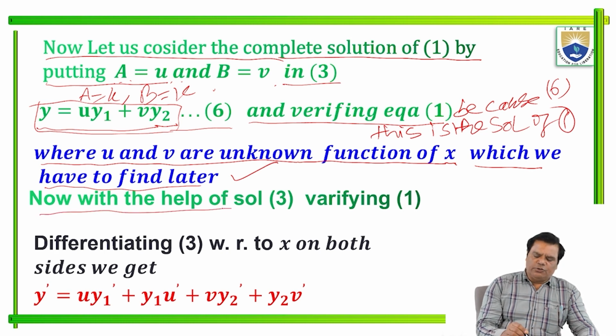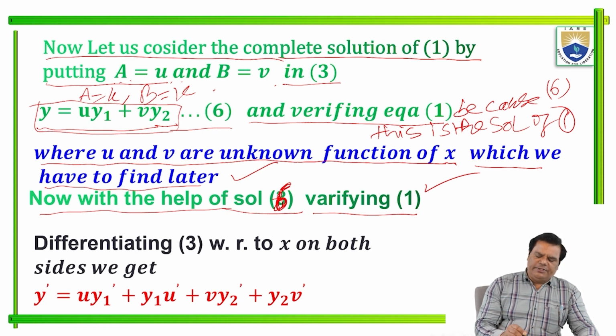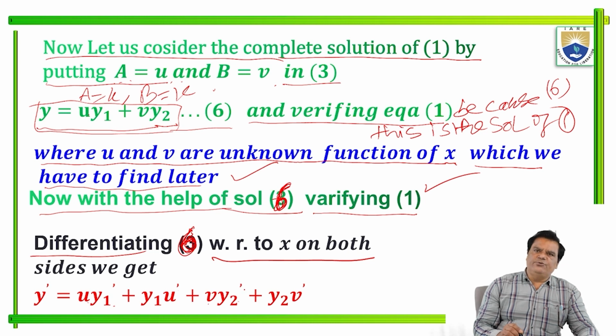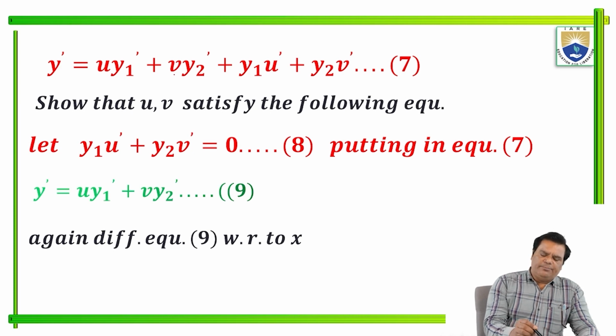Now with the help of solution 6, verify equation 1. Differentiating 6 with respect to x on both sides, y dash equals u times the differential of y1, that is y1 dash, plus y1 times the differential of u, u dash, plus v y2 dash plus y2 v dash. Now y dash equal to u y1 dash plus v y2 dash plus y1 u dash plus y2 v dash.